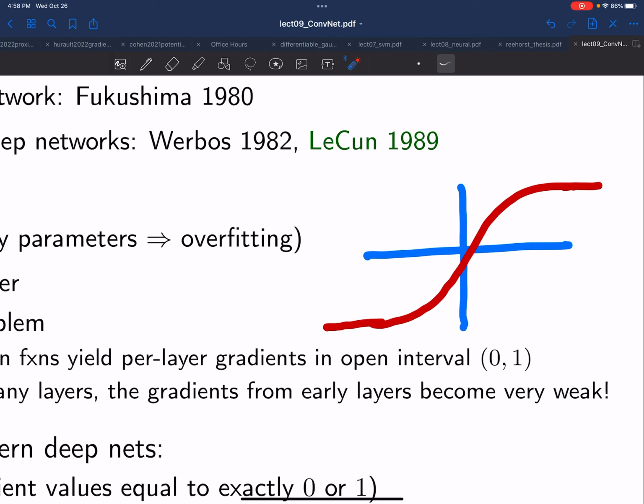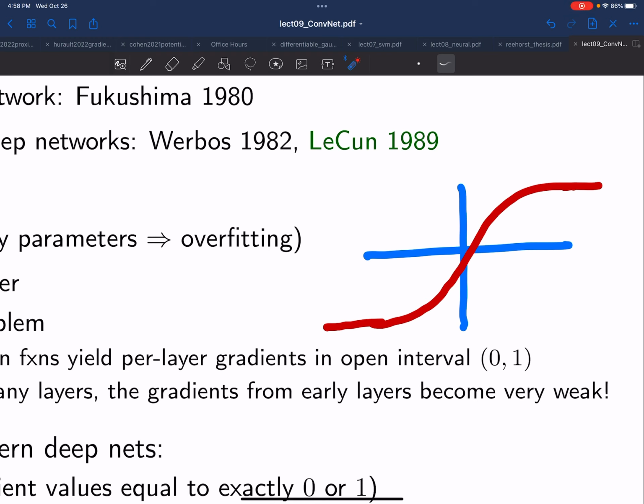When you do backpropagation, you take a gradient of every layer, and then that gradient gets passed through backpropagation and becomes part of the gradient for the next layer down the chain, right? So when you look at the gradient of this shape, or the slope of this shape, I'm sorry I didn't draw this very well. This red should be going through the origin, but right at the origin, the slope of this is 1. That's the largest slope you get for this sigmoid.